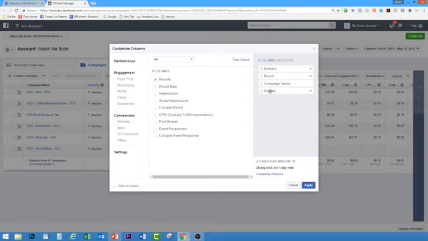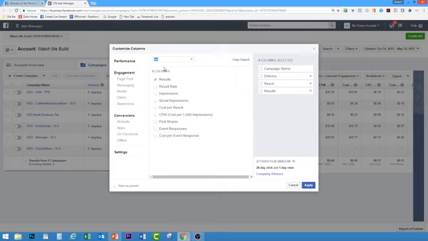If you're going for purchases, your results will be purchases, right? So I like those to be right up front. Campaign name could stay up there, and I like delivery so that I can see what ads are on. I like reach so I can see how many people are actually seeing the ads, and then I have results, which give me a quick look at whatever my objective is. So those are the three I like to have up front.